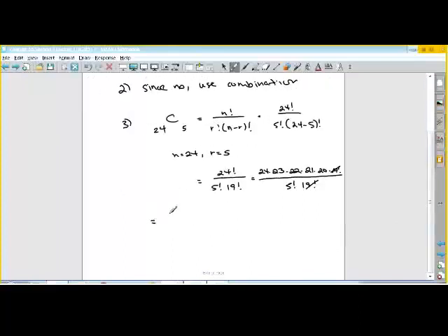So we'll have 24 times 23 times 22 times 21 times 20 divided by 5 factorial, not just 5, but 5 factorial. Now, at that point, you probably could do it in your calculator without any sweat. You could actually even simplify this further by looking at the terms in the denominator and seeing if the product of any of them equals a term in the numerator.